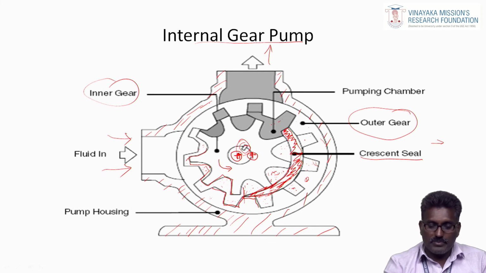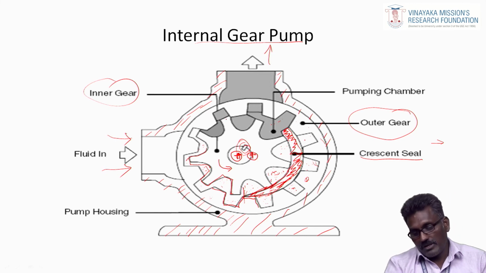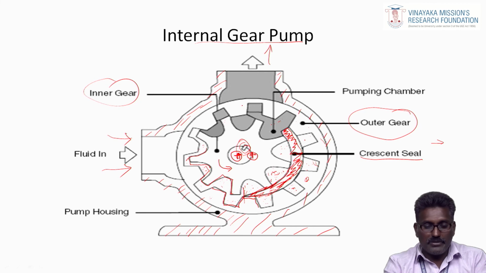There is no space for further movement of the fluid. Almost in this location, both the gears are getting meshed together. So that is why the fluid is squeezed and forced outside. So, it will produce the flow in the outlet direction.